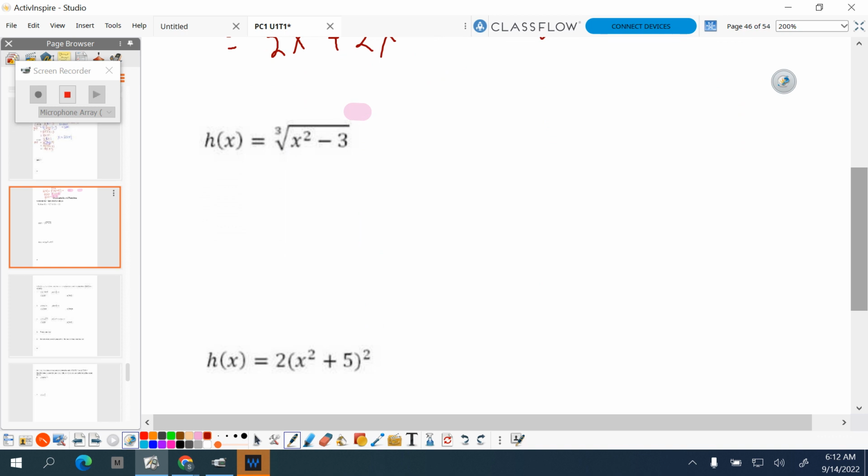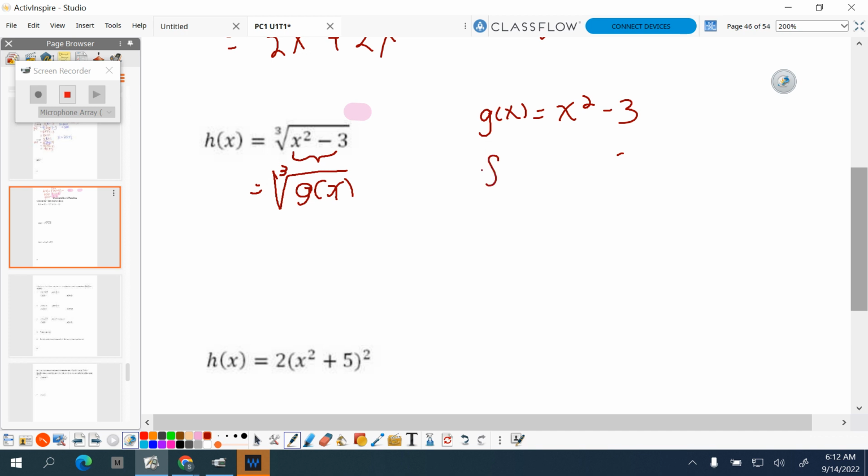Looking at this new h of x, what could our g of x be? Remember, it's always inside of the main group. So let's try g of x equals x squared minus 3. Let's see what happens. So I have the cube root of g of x. That works out. I could deal with that.